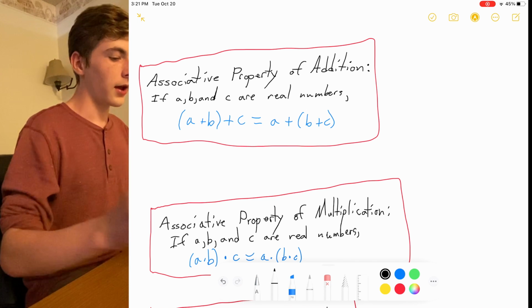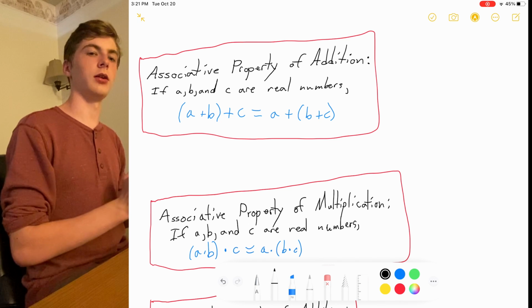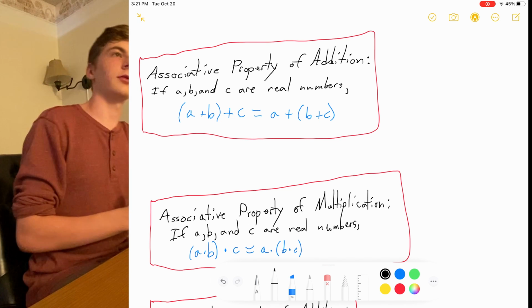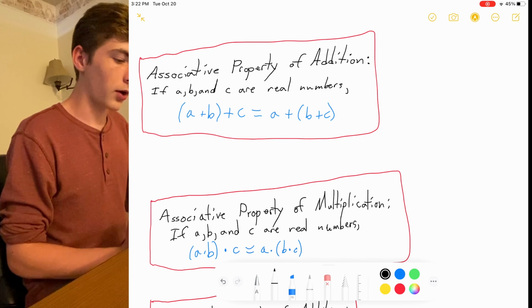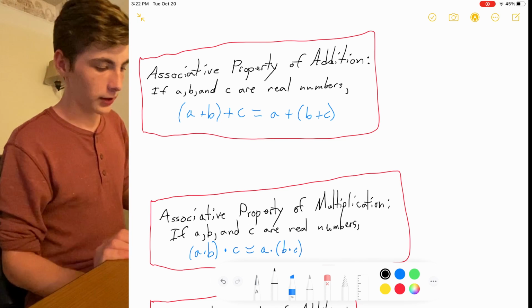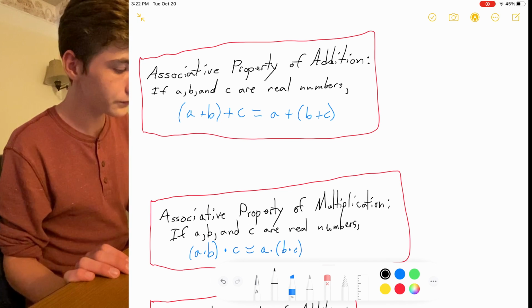The commutative property told us that the order doesn't matter. The associative property tells us that the grouping doesn't matter either, or the associations, you could think of it as.